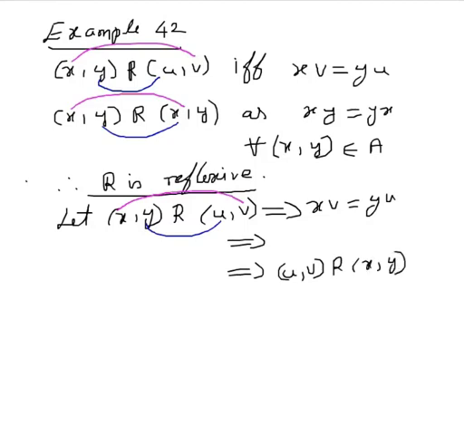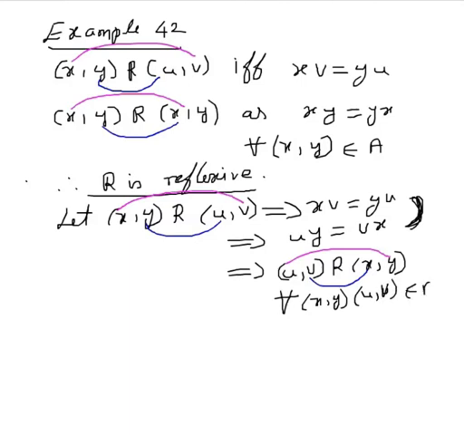That is, u into y should be equal to v into x. Both are the same equation. Therefore, I can say that (u, v) is related to (x, y). And this is true for any two elements (x, y) and (u, v) taken from the set A. Therefore, R is symmetric.